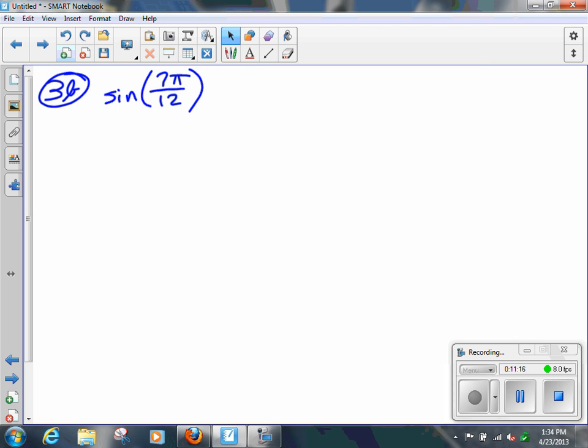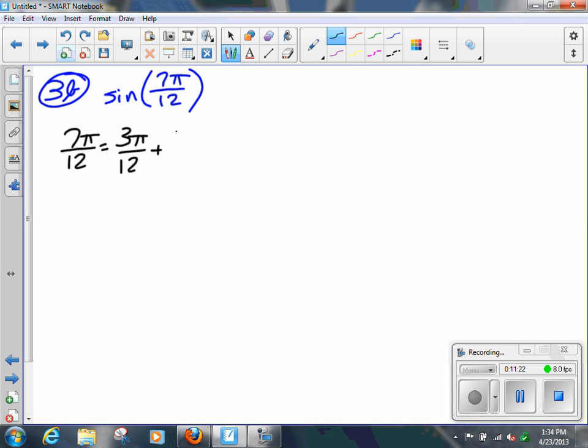Okay? So here we go. 7 pi over 12 is 3 pi over 12 plus 4 pi over 12, isn't it? But I don't know anything about 3 pi over 12 or 4 pi over 12. But when I reduce, I do know something about pi over 4 and pi over 3. Do you guys agree with that?